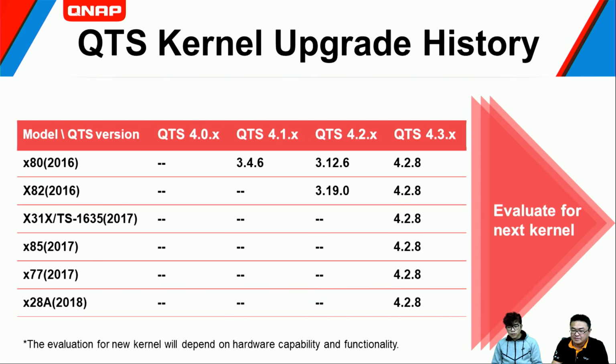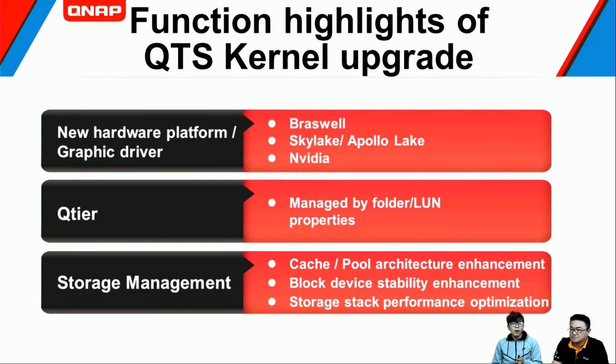After all the versions of kernel we have updated, let's take a look at what functions we have made while upgrading. In the previous versions, as you know, we have the Intel series: Broadwell, Skylake, Apollo Lake.